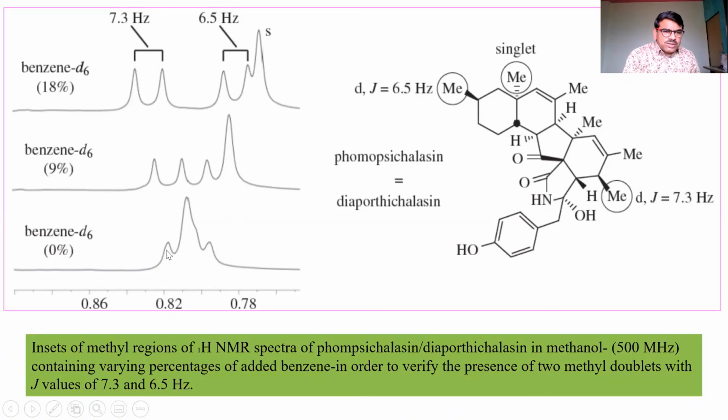Here we got only 3 peaks, but they are complex. But when 9% benzene is used, it gives 4 different peaks. And when you use 18% benzene, definitely that gets separated. Here you got a singlet, and look at the coupling constant. It is 7.3 hertz, and here it is 6.5.